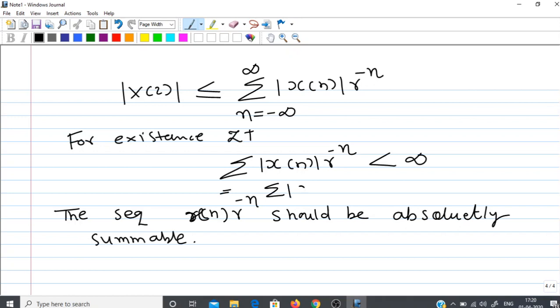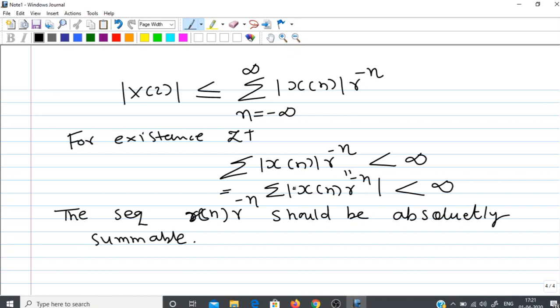You can take this r inside the mod, so the summation of mod of x[n] r to the power minus n should be less than infinity. These two are the same. There is no difference, r being positive. So when will the Z transform exist? If the sequence x[n] r to the power minus n is absolutely summable.